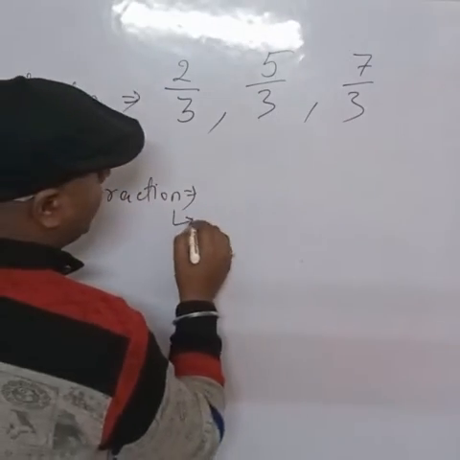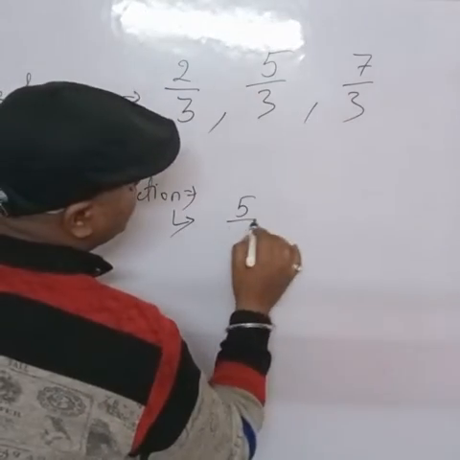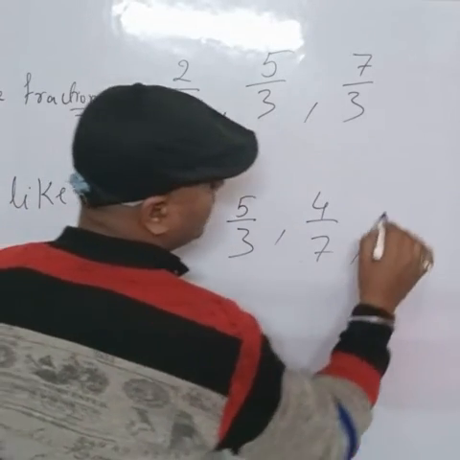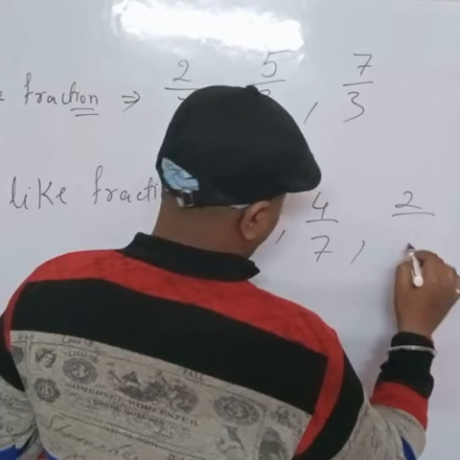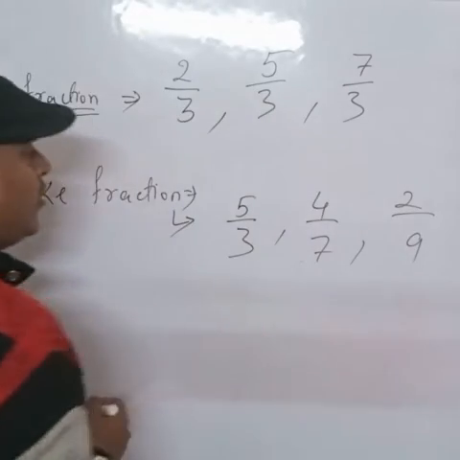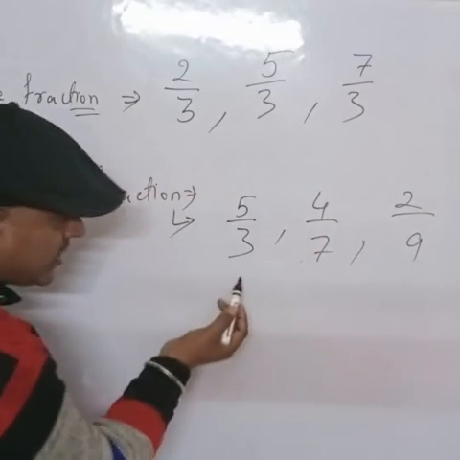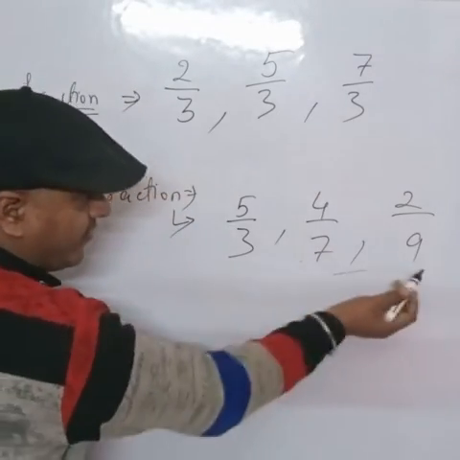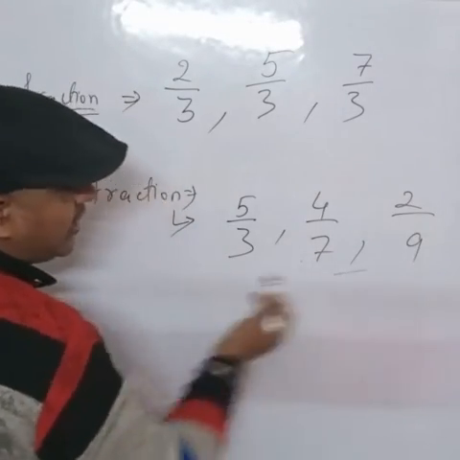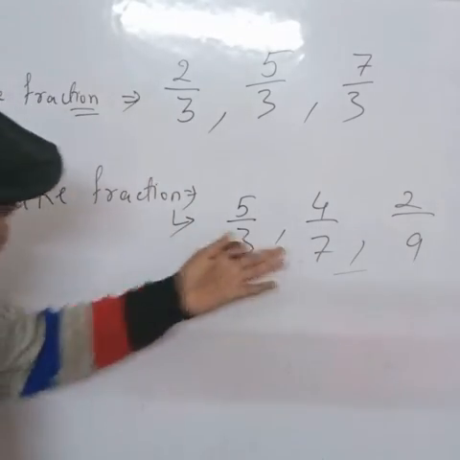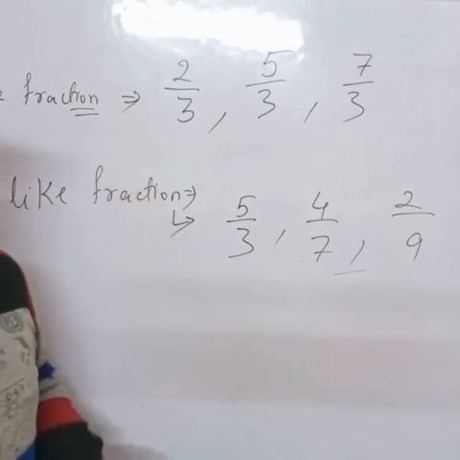Let us take an example. 5 upon 3, 4 upon 7, 2 upon 9. In these three fractions, we can see that the denominator is different. So this kind of fraction is known as unlike fraction. Okay.